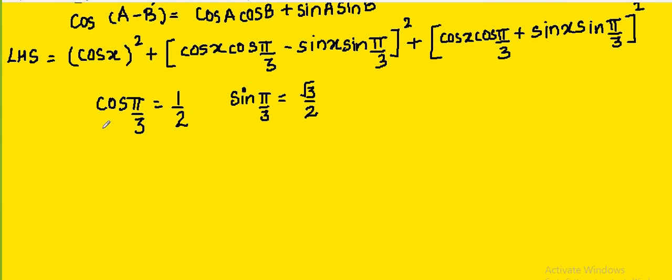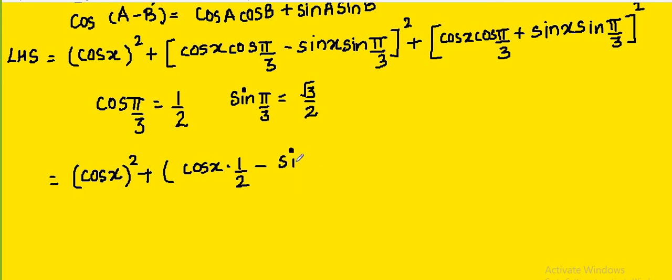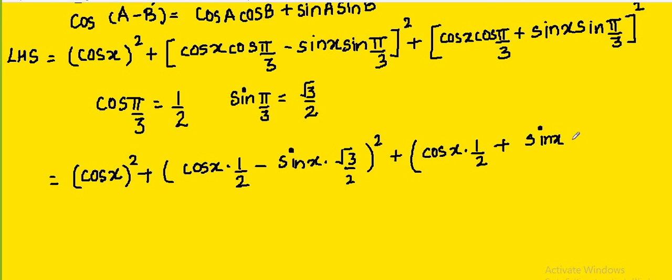Putting these two values, we have cos x whole square plus cos x into half minus sin x into root 3 by 2 whole square plus cos x into half plus sin x into root 3 by 2 whole square.